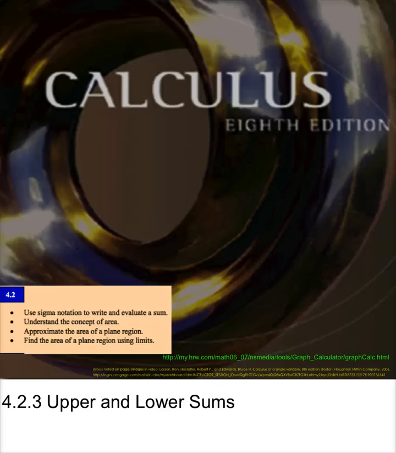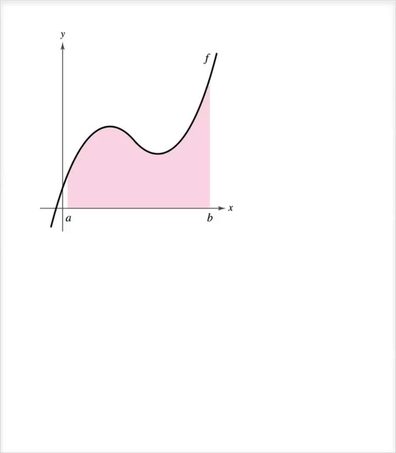Now let's look at upper and lower sums. Suppose I have a function f that's defined on a plane and it's non-negative. And suppose I divide this into partitions. I divide a and b up so that the first partition is a plus 0 times my delta x, where this is delta x.